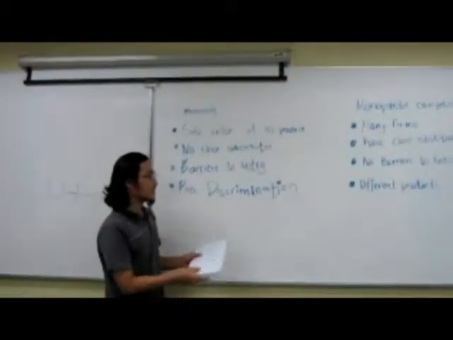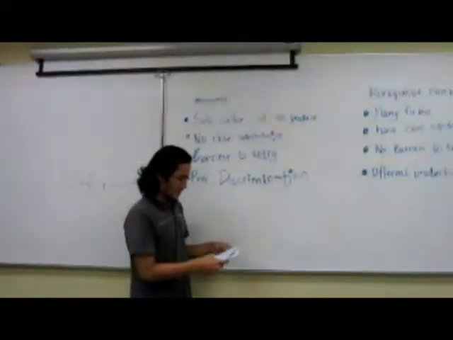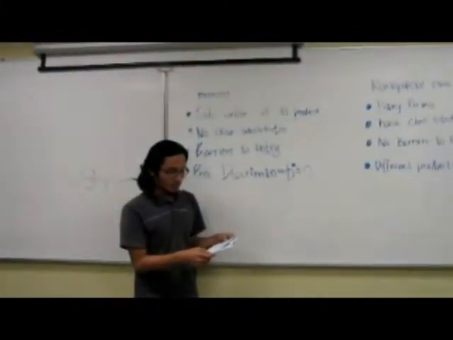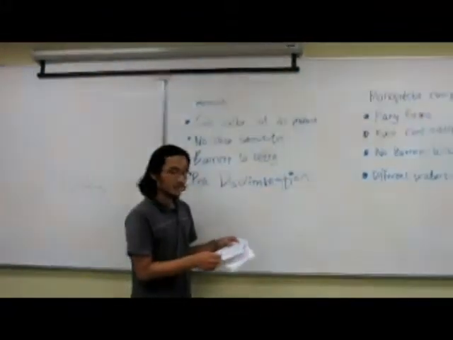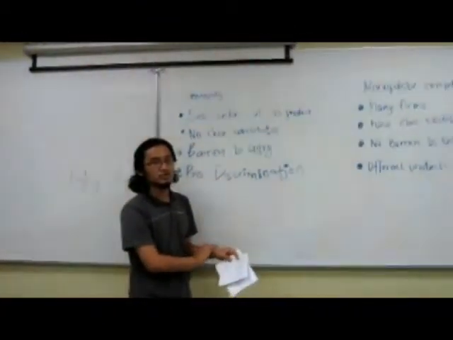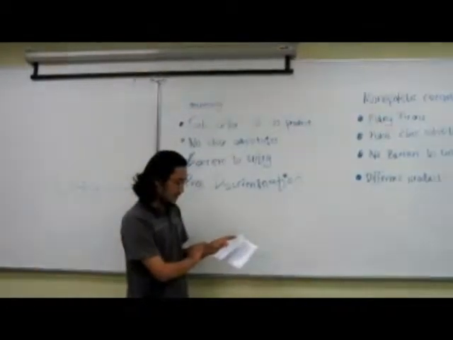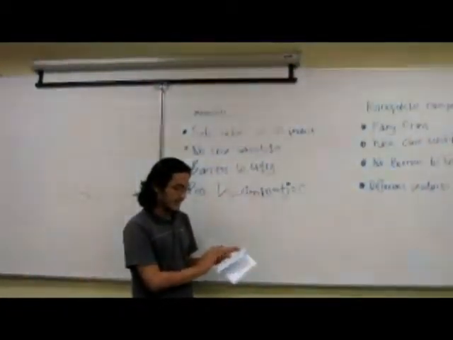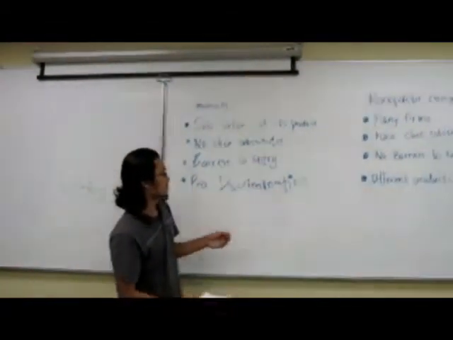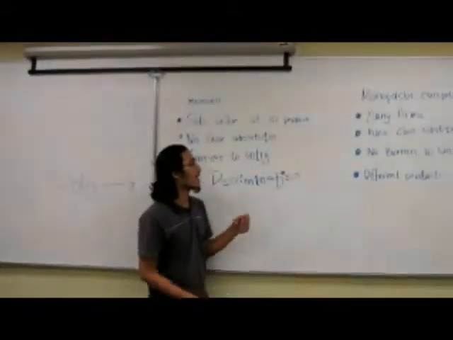And the last one is price discrimination. The firm does not have to reduce the price, by creating choices according to consumers' preferences, and the firm does not have to restrict output production. That's why it's price discrimination.